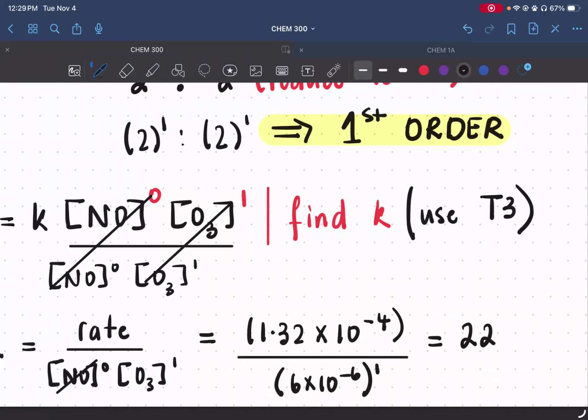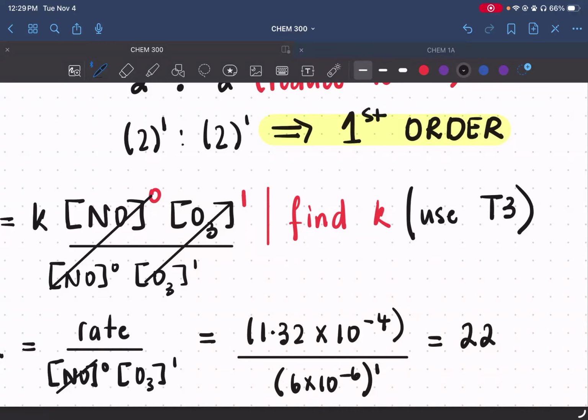Now remember what I just told you. I just said that the rate constant is the same regardless of which trial you pick. To quickly prove it to ourselves, we just used trial 3. If we use trial 2, recognize it's the exact same number, so of course it's going to lead to the same thing. Let's prove it using trial 1. It's just going to be the rate divided by O3.